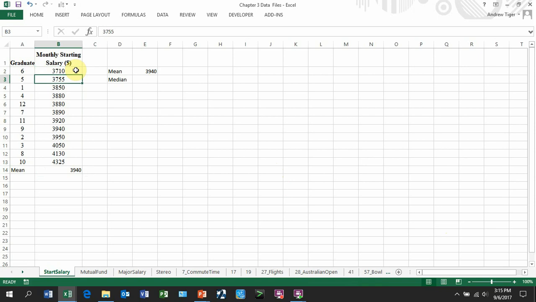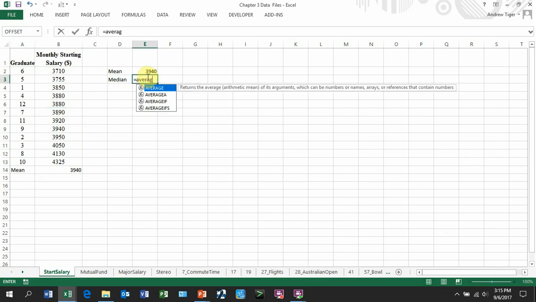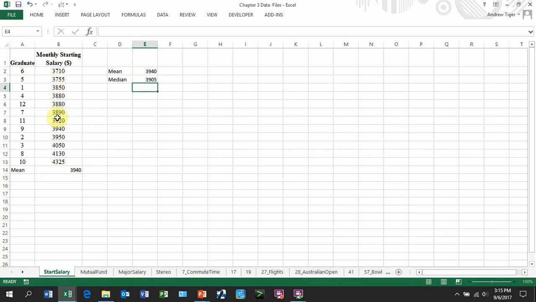So if I go 1, 2, 3, 4, 5, 6, the average between the two middle points, if we have an even number, so my median would be the average of the two middle numbers, and I have a total of 12, so 1, 2, 3, 4, 5, 6, the average of those two would get my median. Or you can just use the formula in Excel that calculates a median.